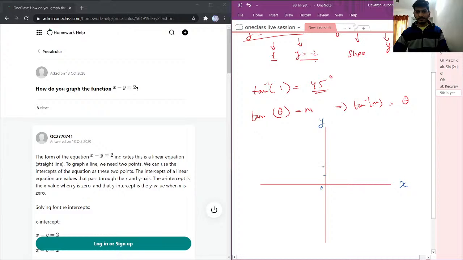Let's say this is 1, 2, 3, 4, 1, 2, 3, 4. For the y-intercept we need this point. Then we'll just draw a straight line with 45 degree of angle. This should be 45. I'll just pick this line.